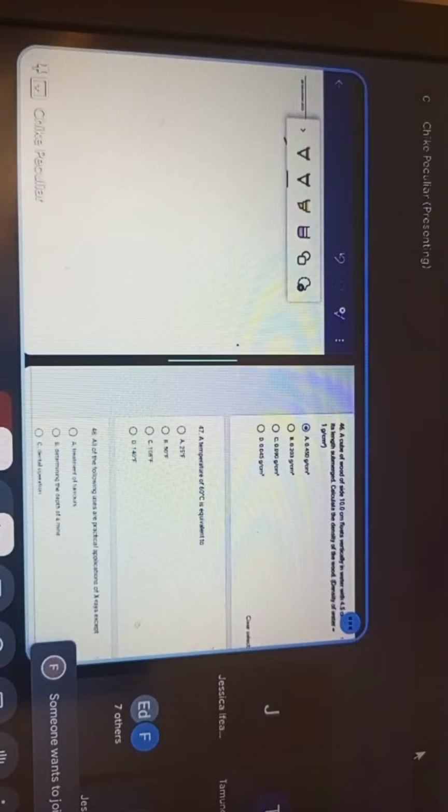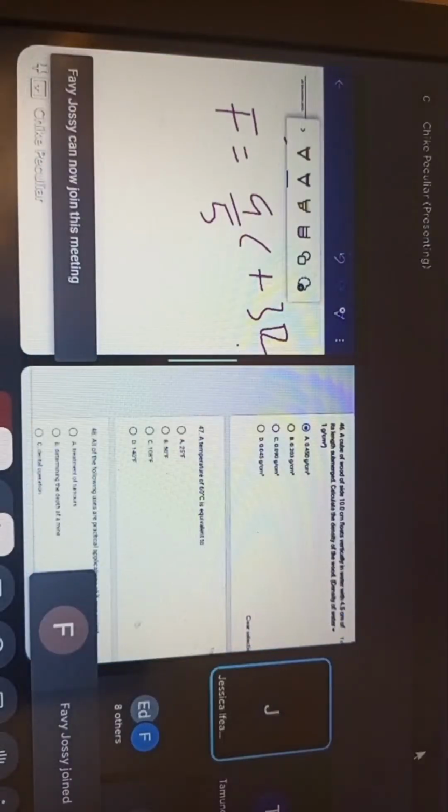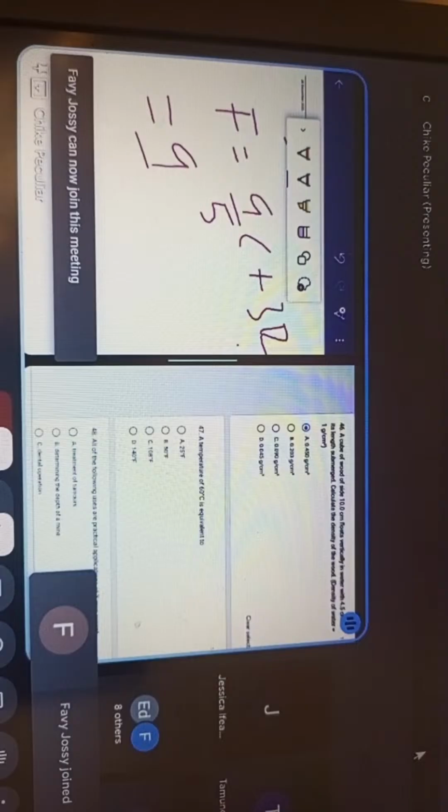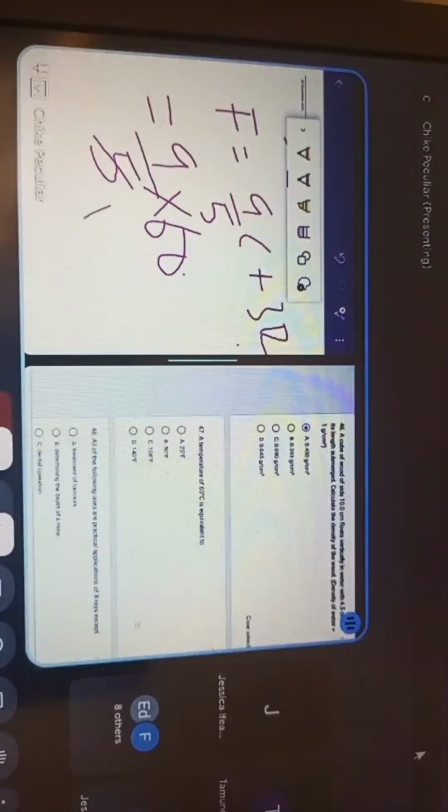So what's the formula? Degree Fahrenheit is equal to 9 over 5 times temperature in Celsius plus 32. So it's going to give me 9 over 5 times what's the temperature in Celsius? 60. 5 here 1, 5 here 12.